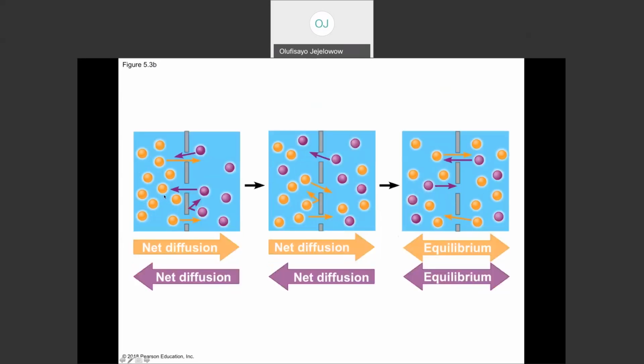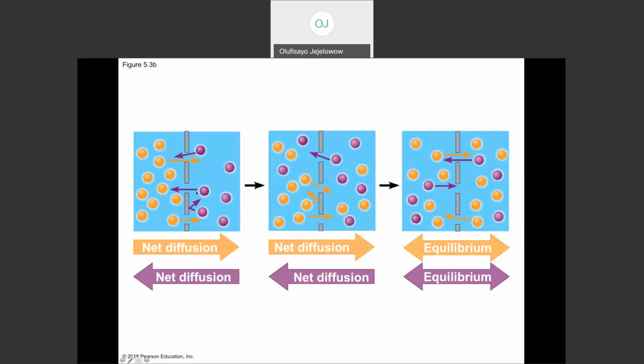So we can also illustrate this using two different solutes. When you dissolve solutes in a solvent, you get a solution. So there's this orange solution and the purple solution. Orange solution is made of orange particles, and purple is made of purple particles.